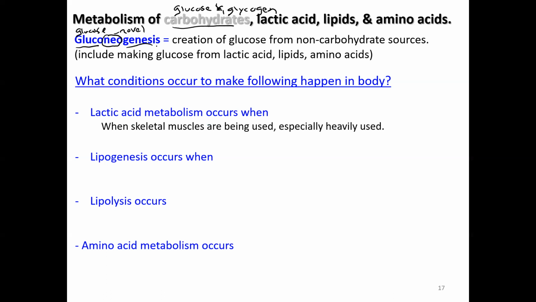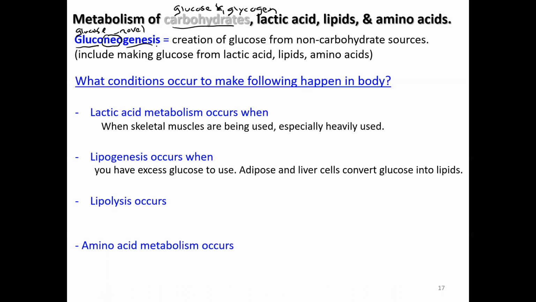All right. So lipogenesis, or making lipids, happens when you have excess glucose in your bloodstream and there's insulin in your bloodstream. Insulin tells your tissues to take in glucose. They take in that glucose and do the whole long process I just explained to you: glycolysis, pyruvate conversion, Krebs cycle, and so on.